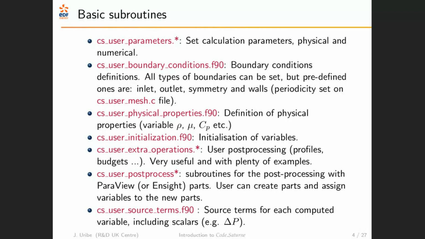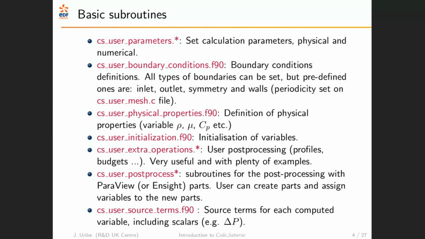Say you're, for example, using a concentration of a species and you want to just plot some cells that have a specific value. There's also an example of how to change from Cartesian to cylindrical coordinates, for example, things like that.